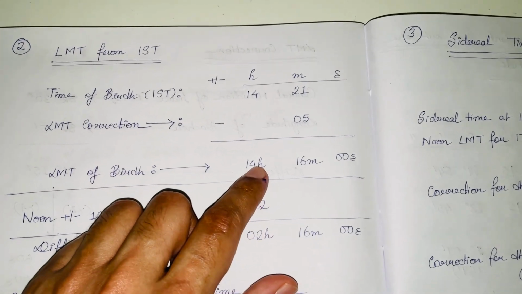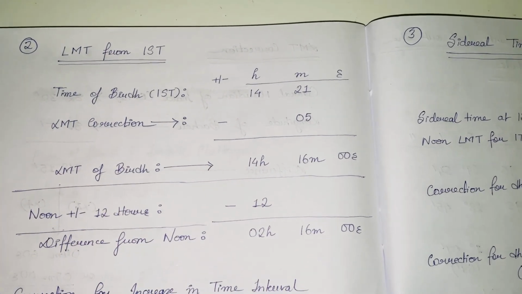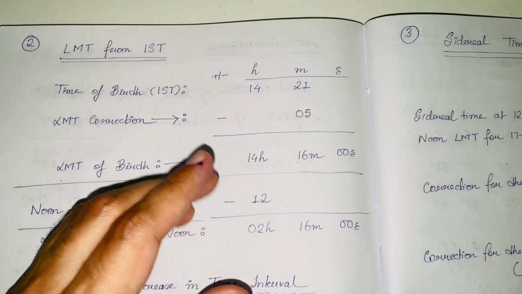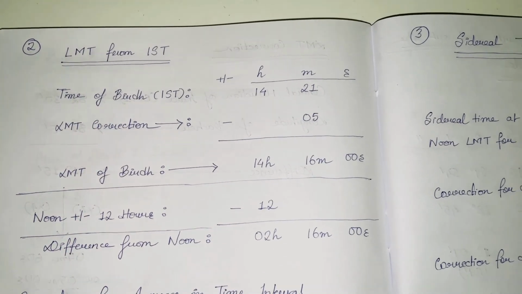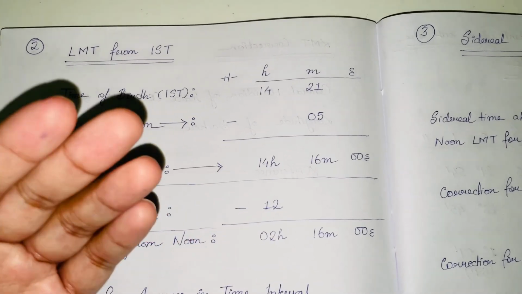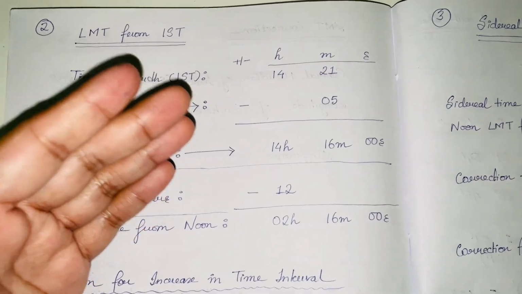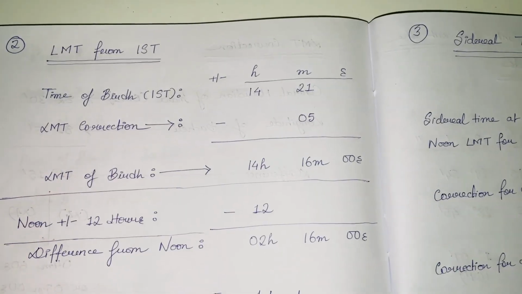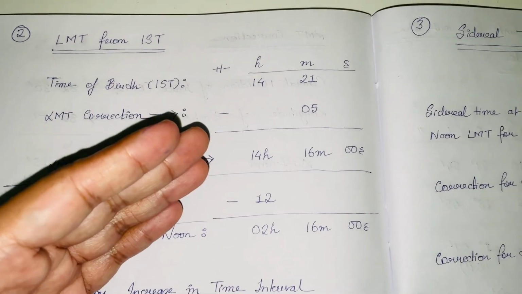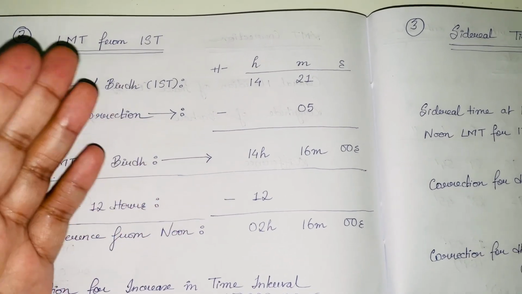hours from here. Remember, whenever the LMT of birth was less than 12 noon, what we were doing, I had already discussed this. Let me again revise it with you. First, we were adding 24 hours and then we were subtracting 12 hours.